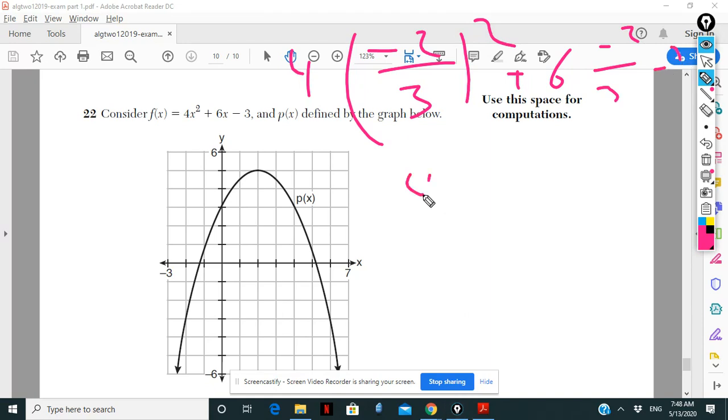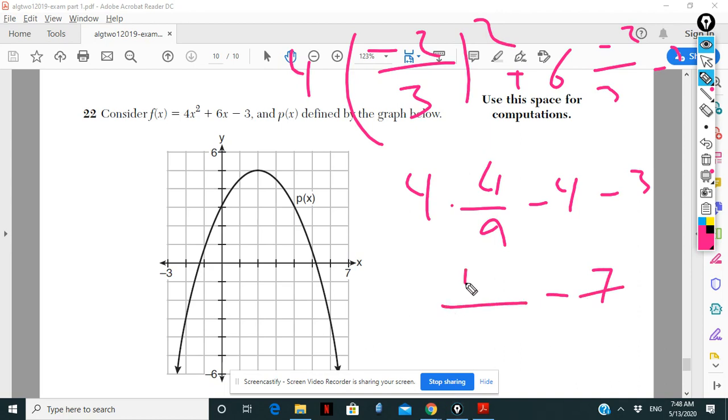So here it's 4 times 4 over 9 minus 4 minus 3. So it's giving me negative 7, and that's 16 over 9. So 9, 16, and that's negative 36.